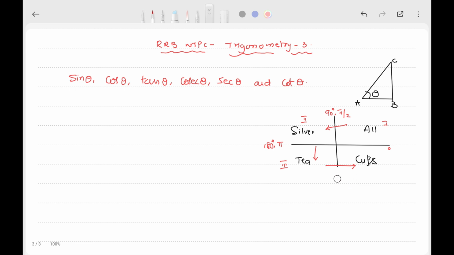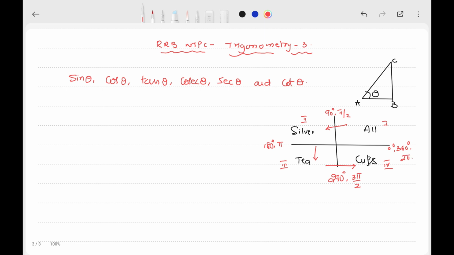And the fourth quadrant ends at 0 degrees or 360 degrees, that is 2 pi radians.